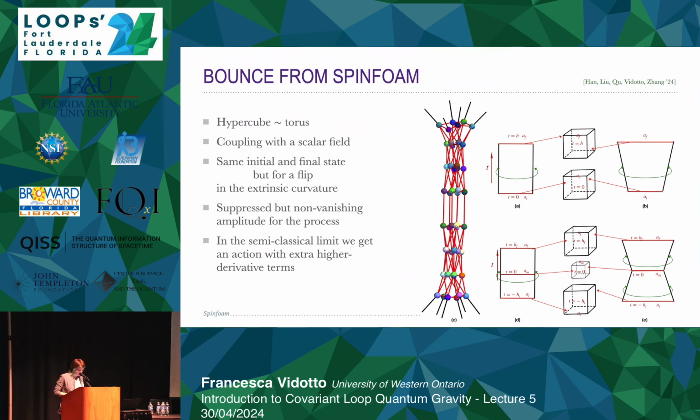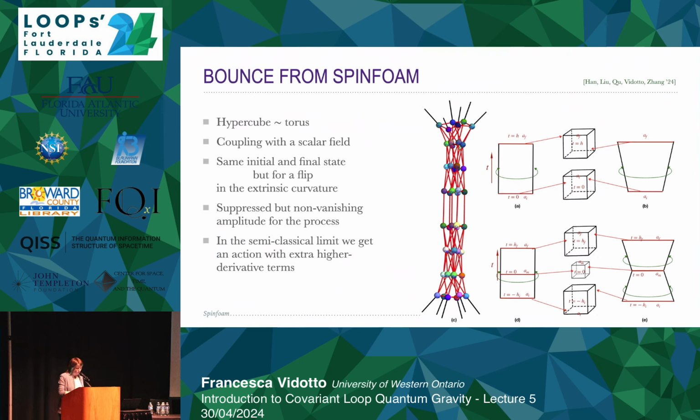Each of these has 16 nodes. And the beautiful result there is that you can take one hypercube that has a certain intrinsic curvature that corresponds to a contraction, and then you can take another hypercube in which the intrinsic curvature corresponds to an expansion.